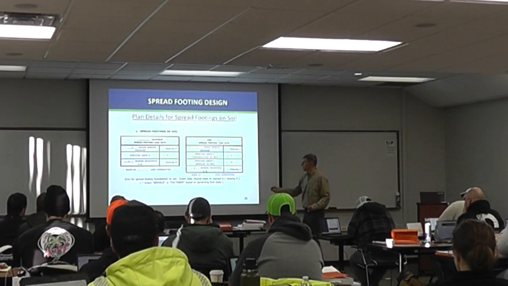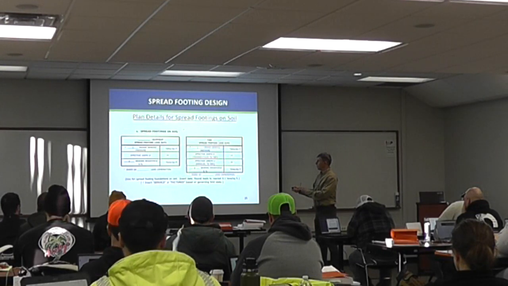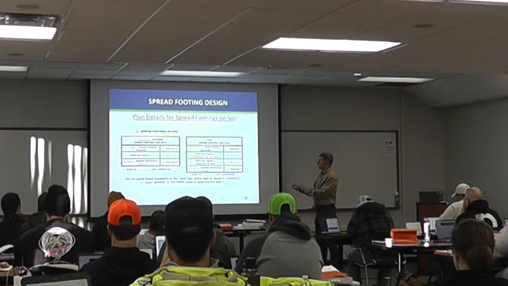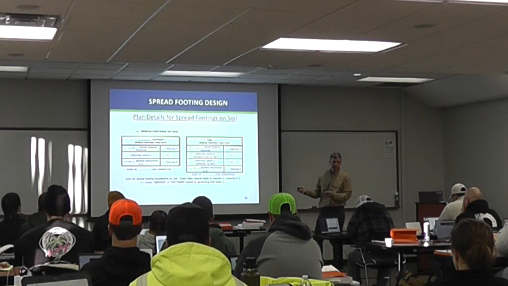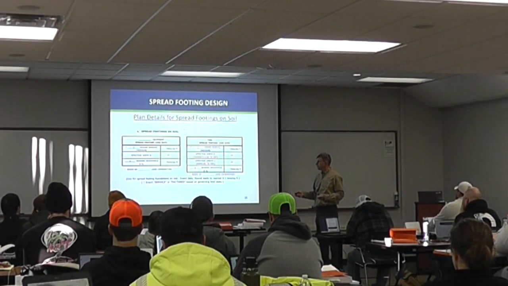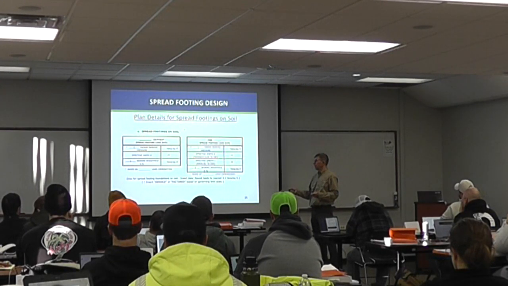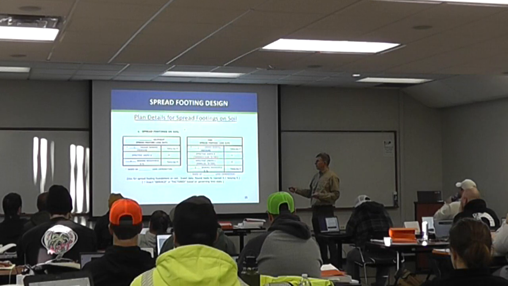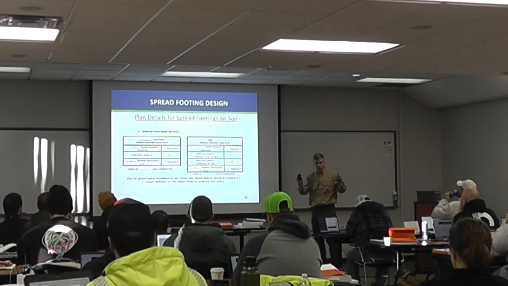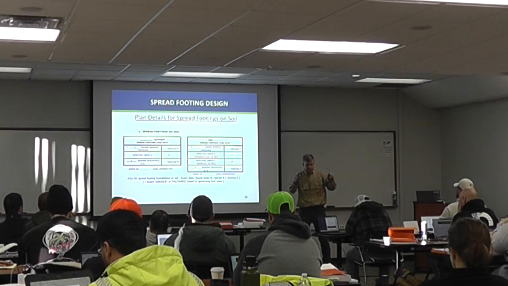At an abutment, a design bearing pressure number would be filled in. This is shown in tons per square foot. I said a lot of times it's kips per square foot, so I think we can do it either way. There's an effective width, B prime, that's more of a design thing that they worry about: within the limits of the footing, does this B prime number fit within it?